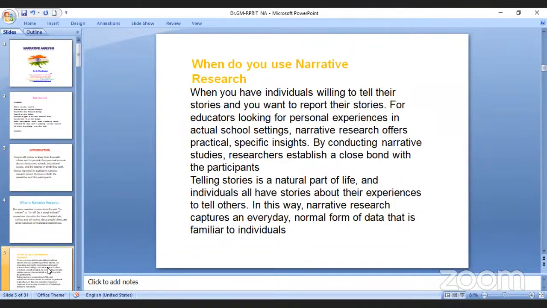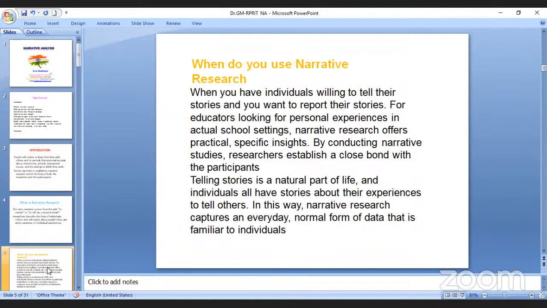For educators looking for personal experiences in actual school settings, narrative research offers practical, specific insights by conducting narrative studies. These researchers establish a close bond with the participants, because the individuals are willing to tell their stories about their actual school settings.